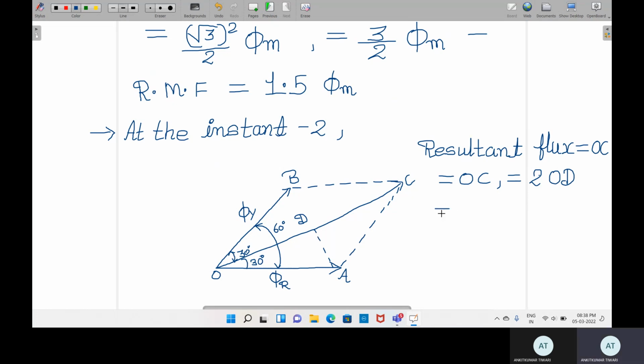And 2 OD equals, what is OD? OD is parallel to OA, but OA is at 30 degrees from OD. So 2 OA cos 30.